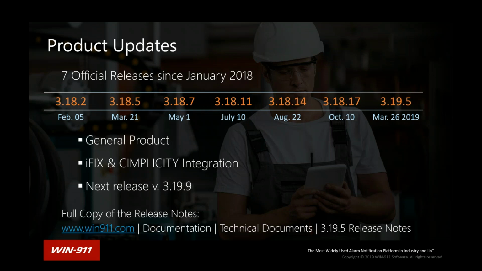I'm not going to touch on all of the bug fixes or minor issues that we've changed. A full copy of the release notes is always on our website. You can find that under the documentation, technical documents. It is a running document, so you can go back and look at the changes that we've done on each of the versions. I'm just going to focus on highlighted updates, product enhancements today.